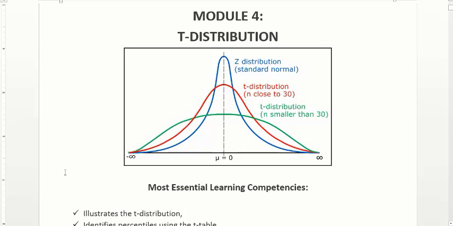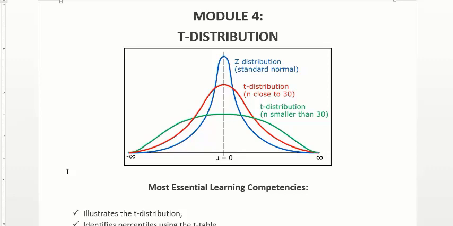This is the final module for the third quarter, which is the distribution. In module 1, we talked about random variable and probability, if you can still remember, probability distribution.